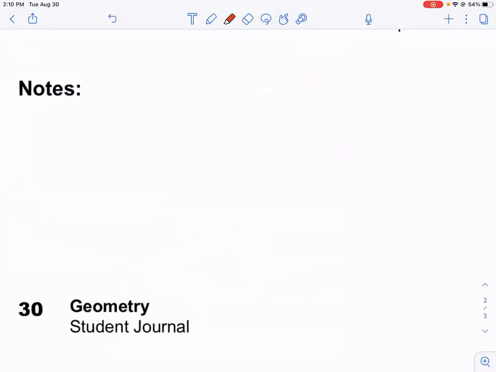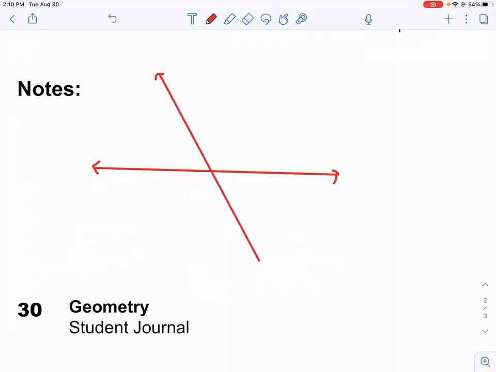Please follow along with me. Please draw a horizontal line. Please draw a line with negative slope. Label the angles that I did, 3, 4, 5.